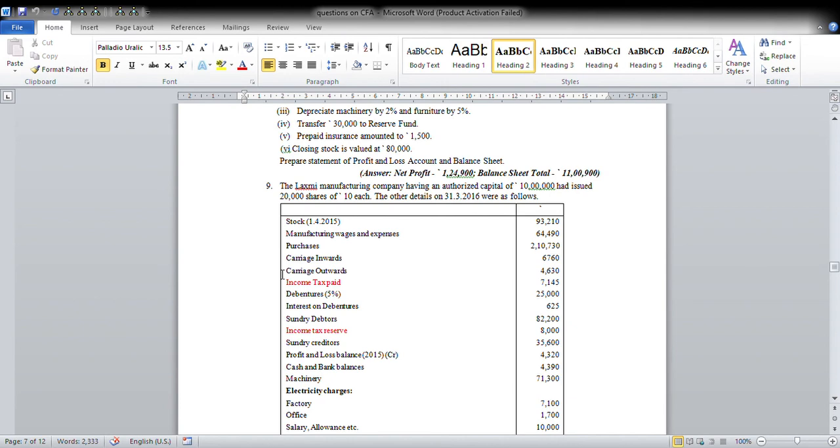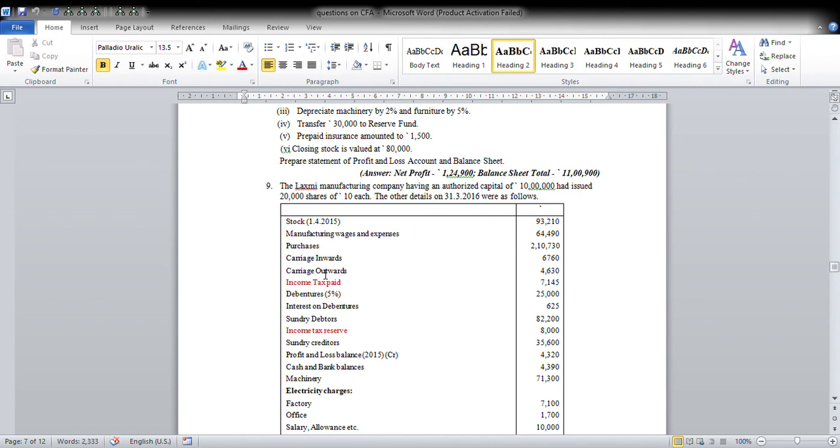Whatever we have shown towards DDT, the dividend distribution tax of 14,598, will be taken under short-term provisions on the liability side. Then the proposed dividends of 71,000 will also be shown under the short-term provisions, but as out of this the company has already paid, in between the two annual general meetings, 25,000 towards the interim dividend, the balance of the dividends, which is 46,000, will be shown in the outer column.